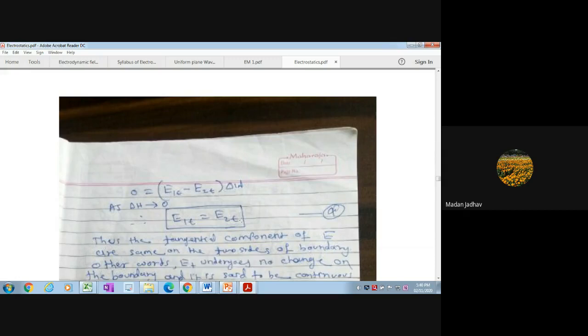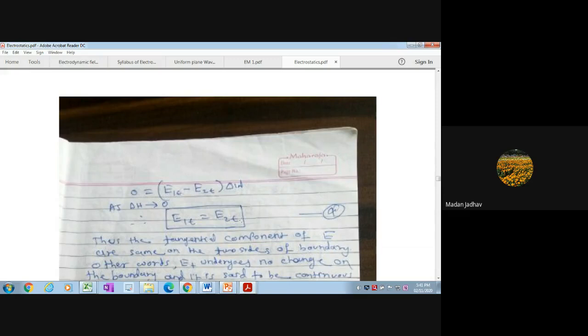The significance is that the tangential component of electric field E1, tangential meaning tangential to the interface of the medium, E1t, is equal to the tangential component of electric field E2, E2t.